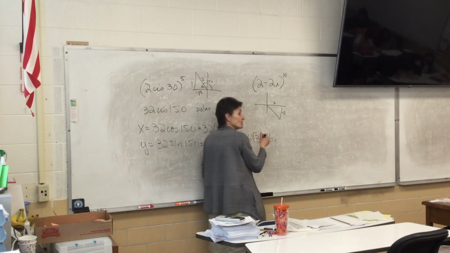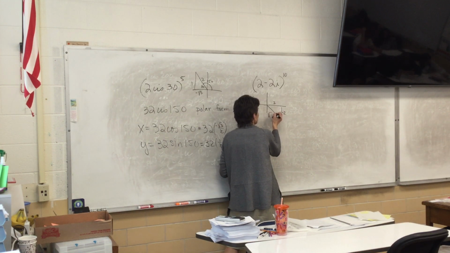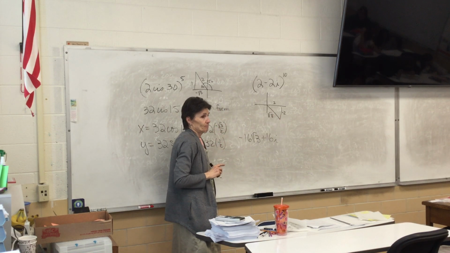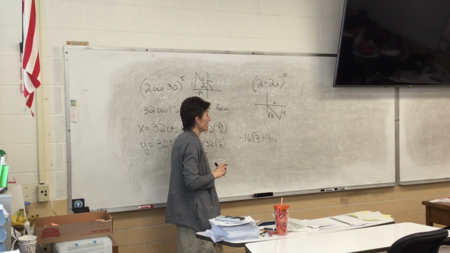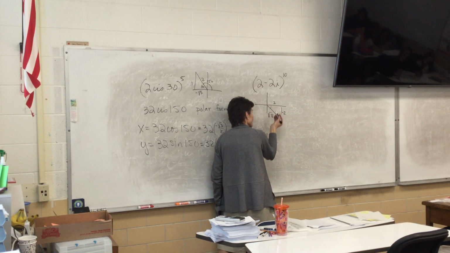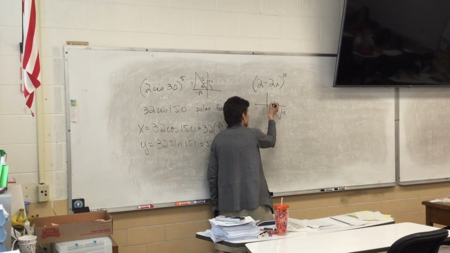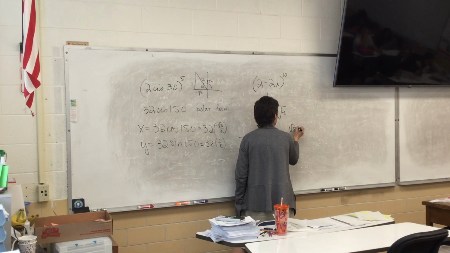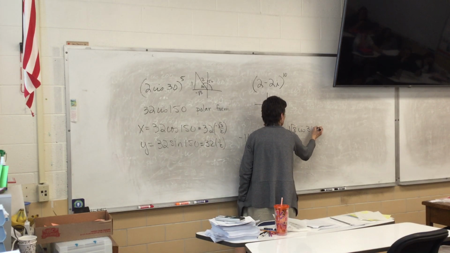It's going to be 2 root 2, or I might leave it as the square root of 8, for purposes you'll see in a minute if you don't already have it figured out. And what's this angle right here? 45. So in polar form, isn't this number root 8 cis 315?